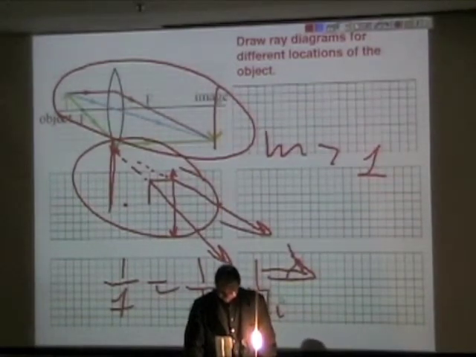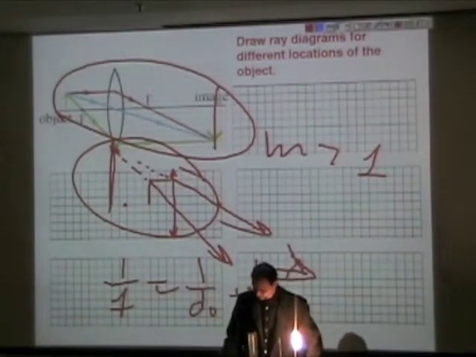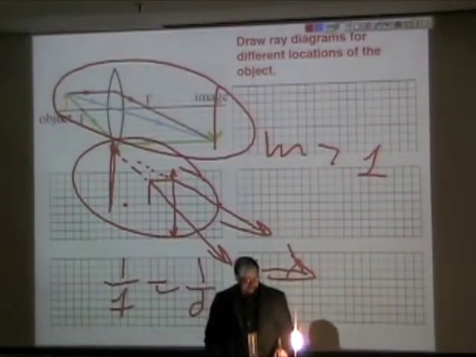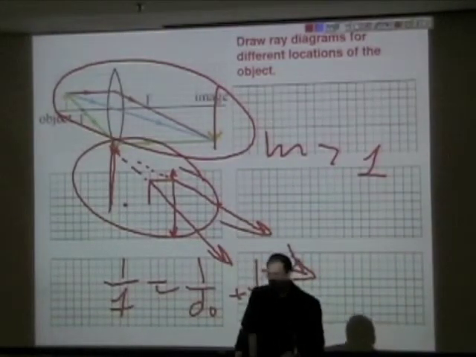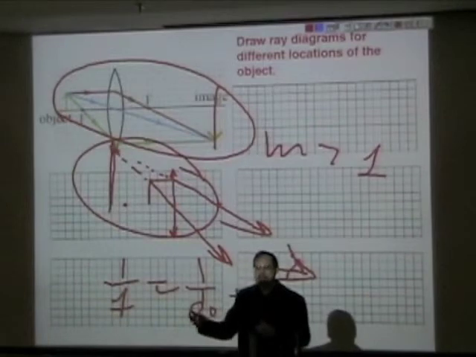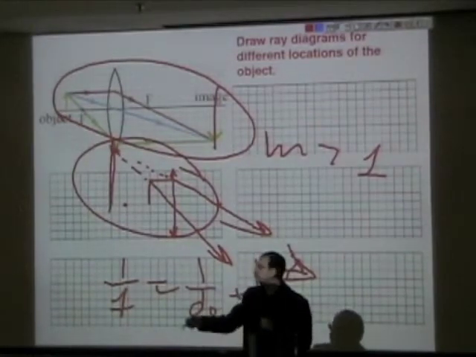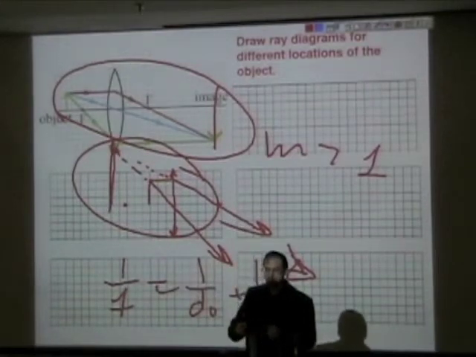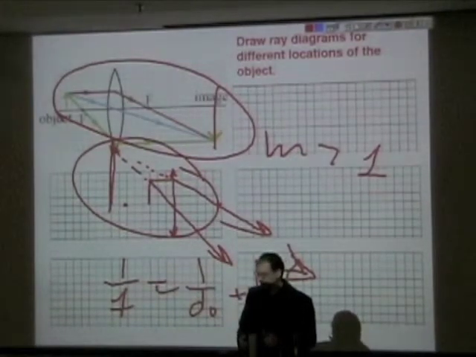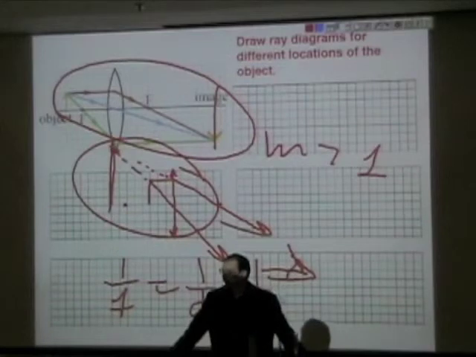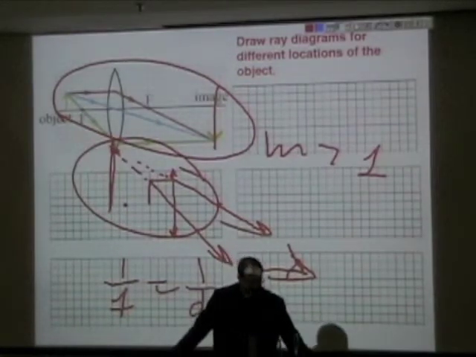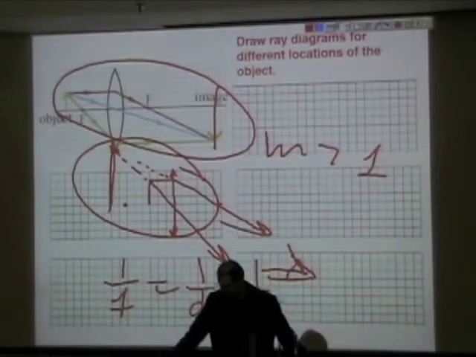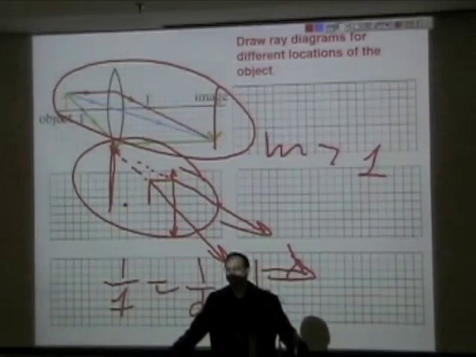Well, you also might figure out a way to make the image as large as possible or as small as possible. We saw that by moving the object, we could change the size of the image. If your lab setup gives you a certain length, you can use only this length.